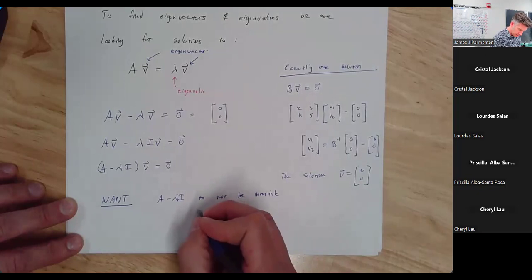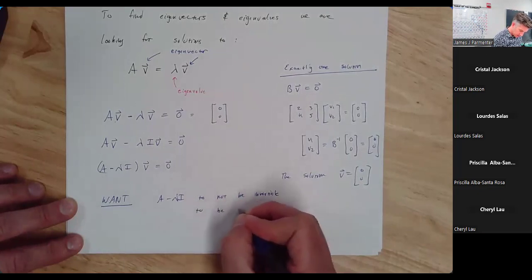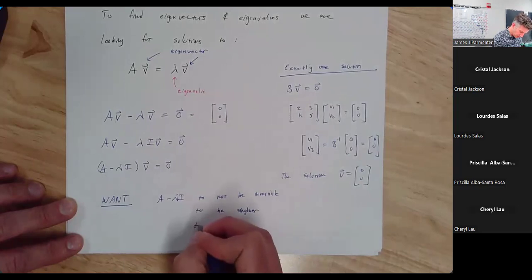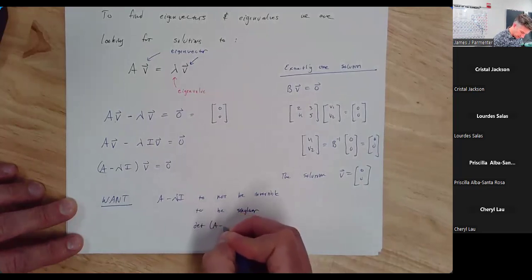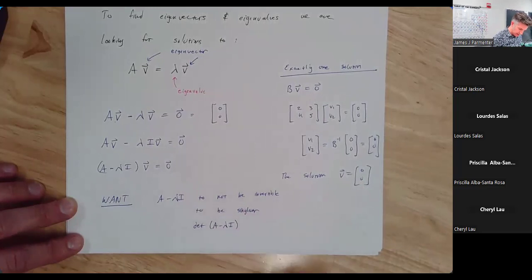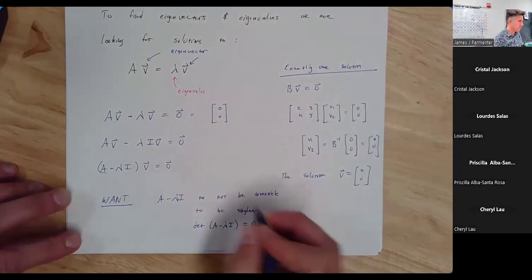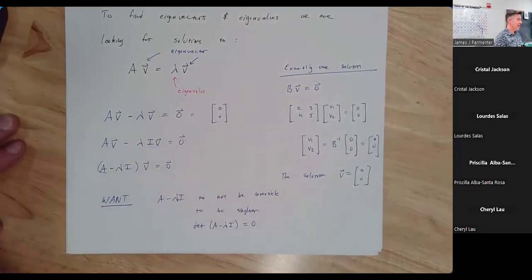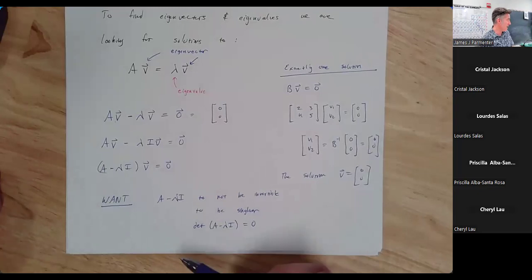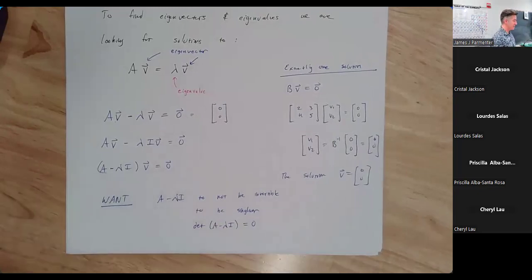AKA, we want it to be singular. AKA, we want the determinant of this matrix, A minus lambda I, to equal 0. And that is how we start the process of finding the eigenvalues, by setting the determinant of A minus lambda times the identity matrix equal to 0, and then solving for lambda.